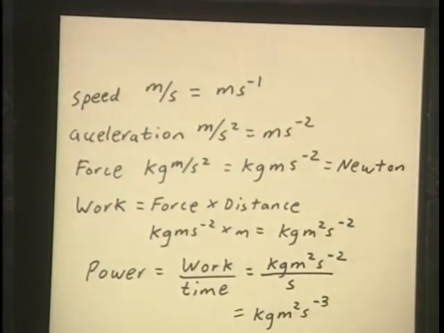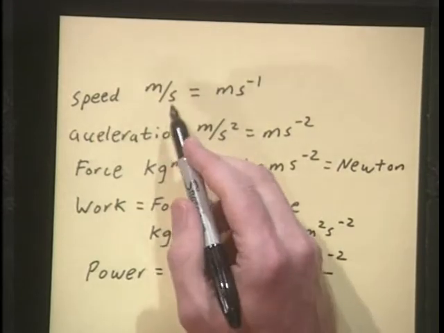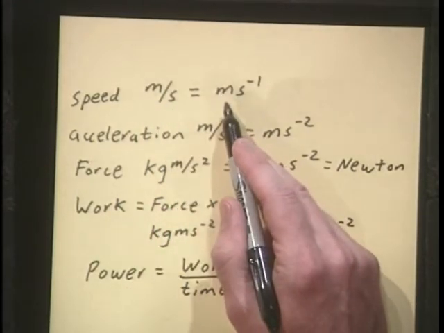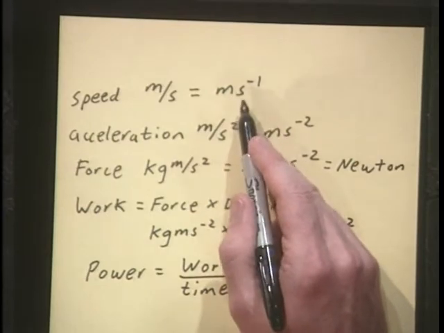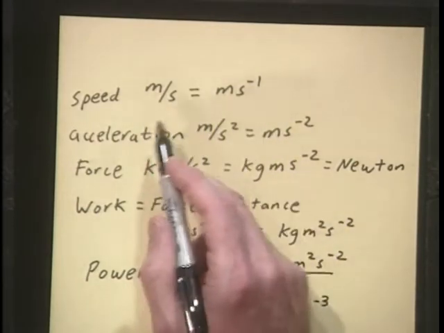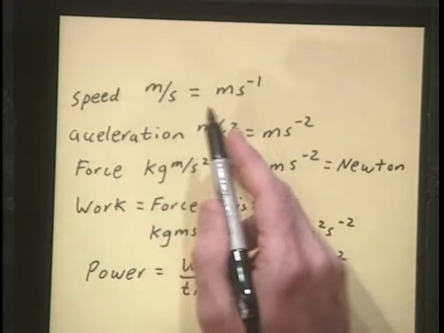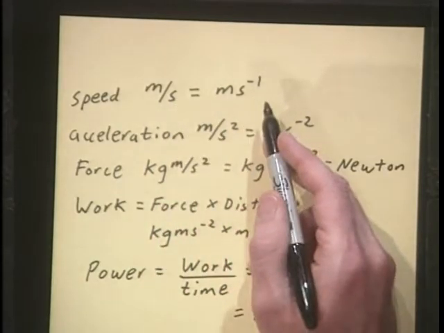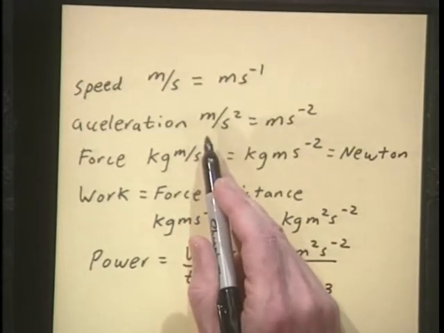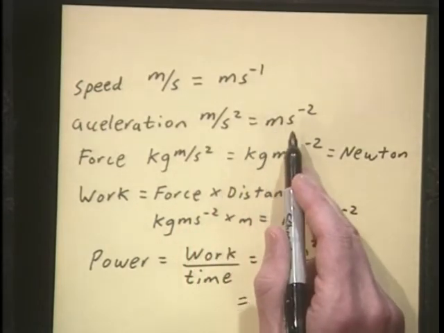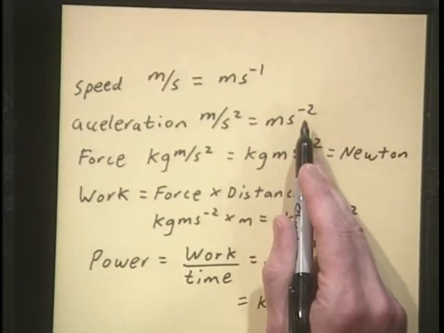So we start with speed, which is meters per second. That can be written as a meter divided by second, or meter times second to the -1. So these are the same. The only difference is this second has been moved from the denominator up to the numerator. Acceleration is meters per second squared, which can be written as a meter times a second to the -2.